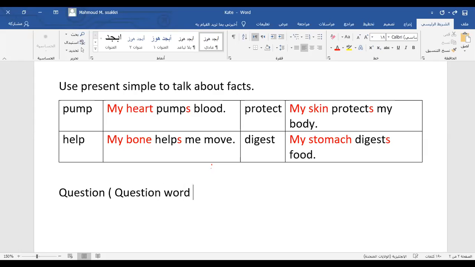After this, we put do or does. And then we put the subject. The subject may be a noun like stomach, like my bone, like my skin, like my heart, or it could be a pronoun like he, she, it, we, you, they.